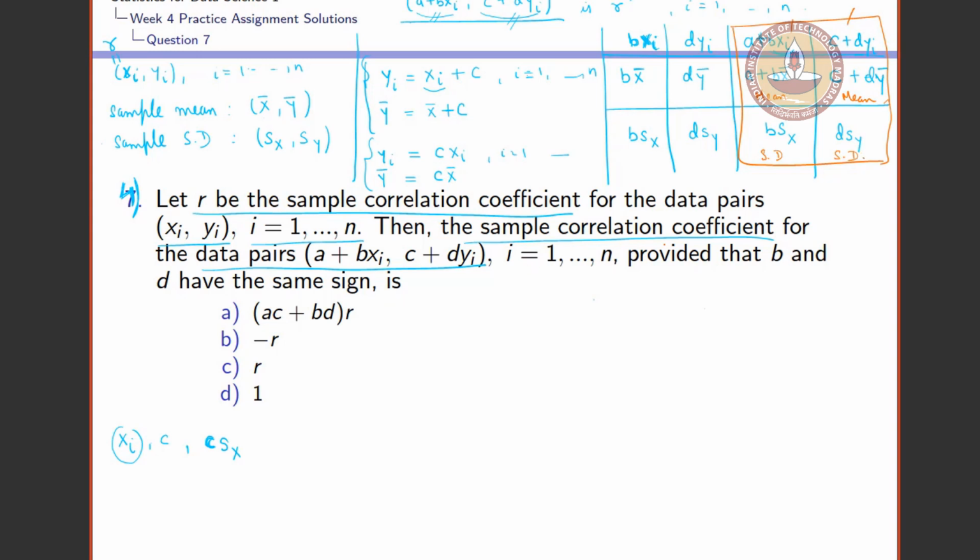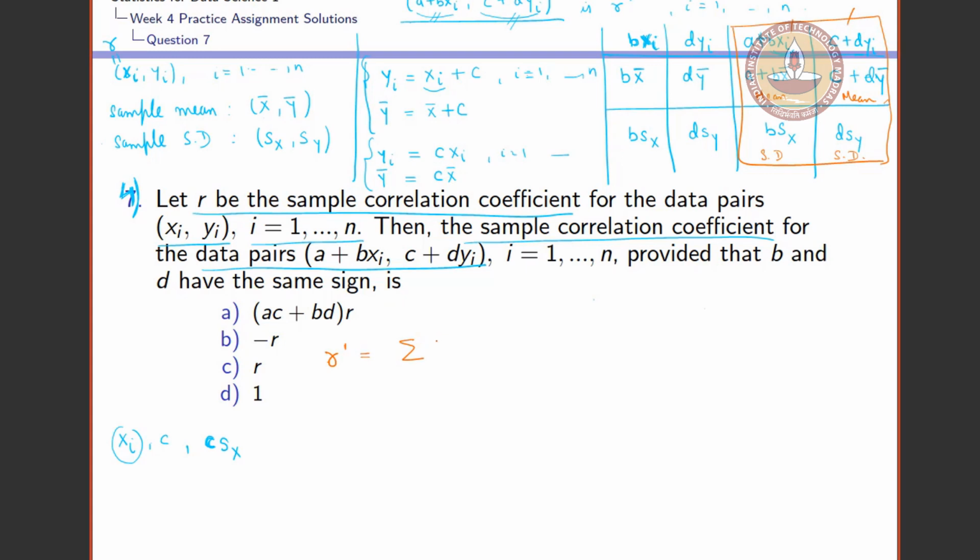Now let's calculate the correlation coefficient. The correlation coefficient, we have assumed it to be r dash. So let r dash be equal to the sum over the covariance of these data points.